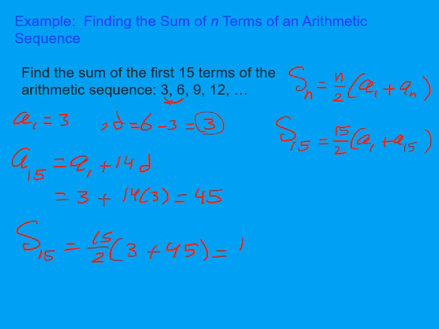So it's 15 divided by 2 multiplied by 48. Half of 48 is 24. So it's 15 multiplied by 24, and using my calculator, 15 multiplied by 24 is equal to 360. So the sum of the first 15 terms is equal to 360.